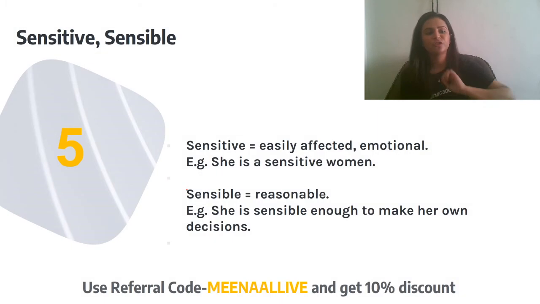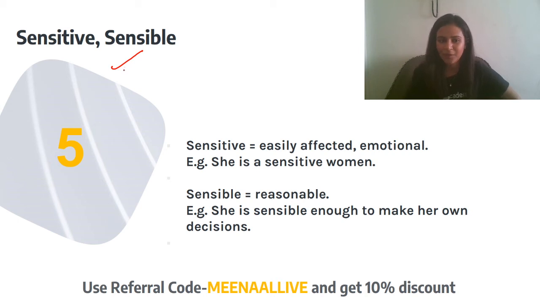Let's move on to the last word pair for this video, which is sensitive and sensible. Commonly used, but being confused over. I don't know why, but let's see, okay?